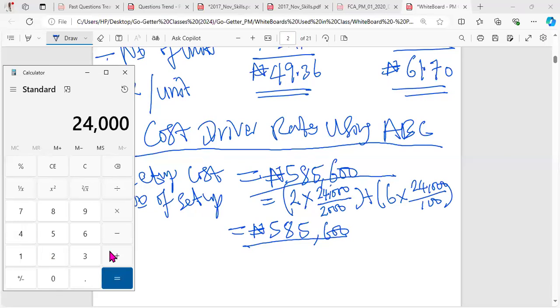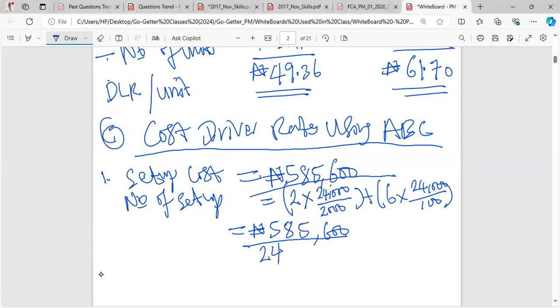24,000 divided by 2,000, that is 12. That gives me the batch size, 12. Now 12 multiplied by 2 gives me 24. So there's 24 setups here.